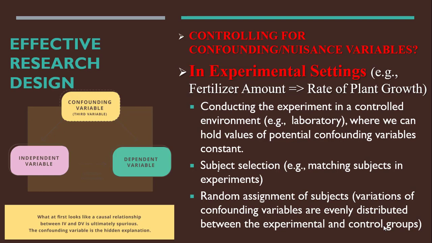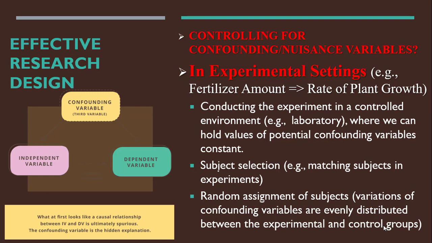The only thing that you're going to change is the level of fertilizer application. So you have controlled for all the other confounding variables by making sure that the system is similar for all of them.